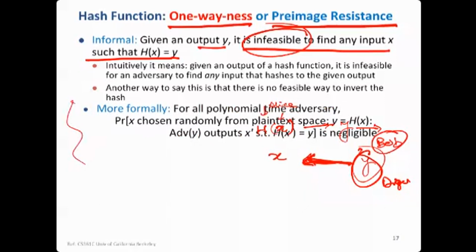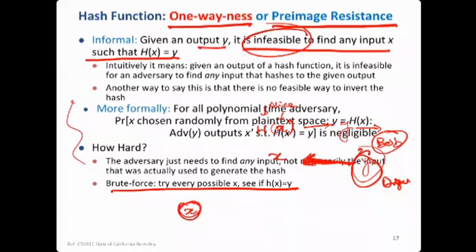Now, of course, this can be broken, as we see in case of password, by brute force attack. For example, Bob wants to break this. Given y, he will generate all possible values of inputs x and apply the h function to them.